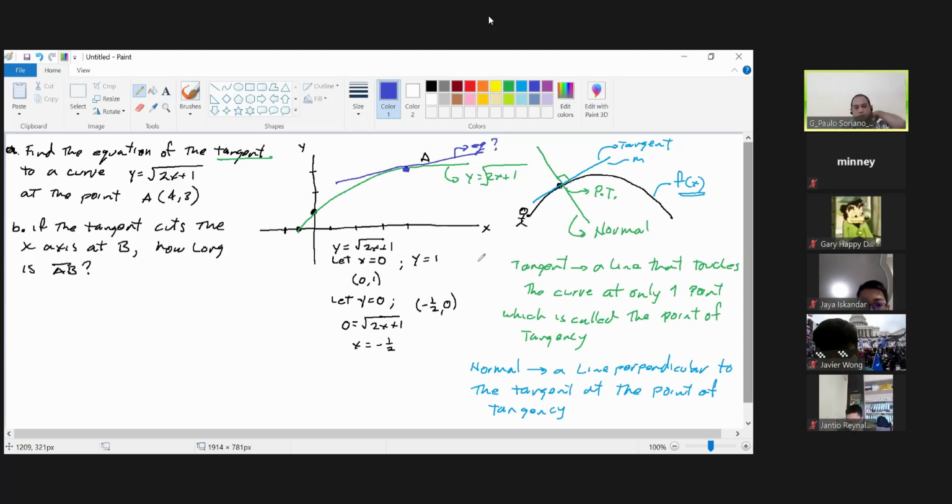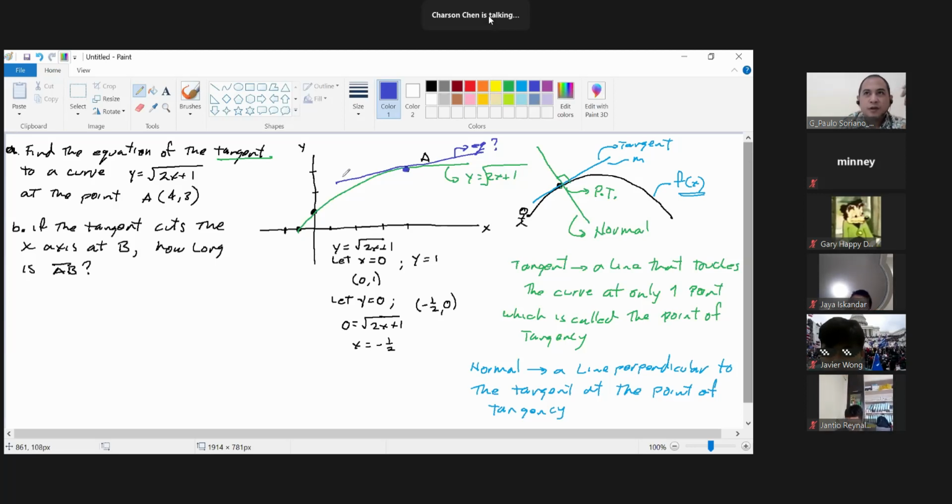We have the diagram. Next step is what? Come on, think. Find the gradient of the tangent.